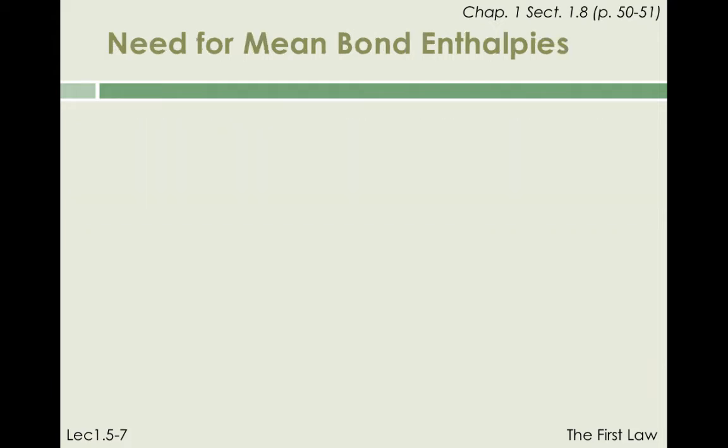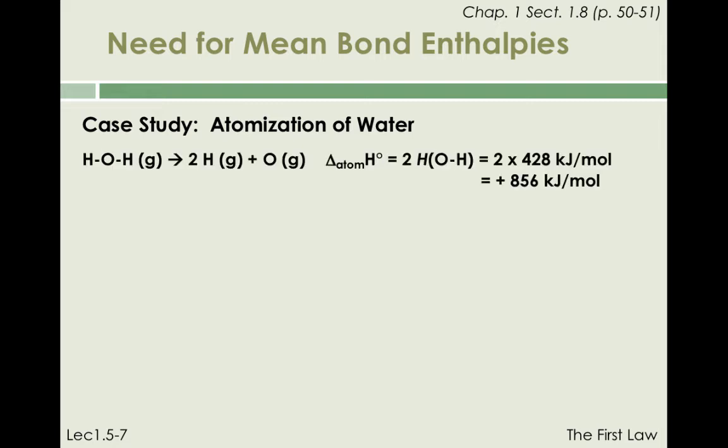Let us apply the concept of bond enthalpies to the atomization of water vapor into atomic hydrogen and oxygen gas. The atomization of water is a reaction in which both OH bonds of a water molecule are dissociated. So the standard reaction enthalpy for the atomization of water should be equal to twice the OH bond enthalpy.